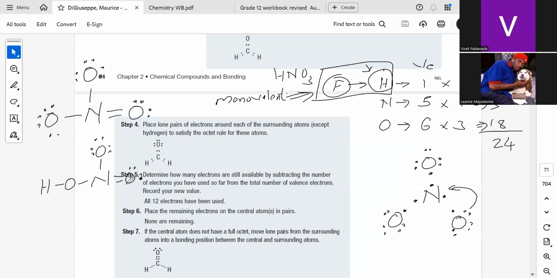Okay. So carbon's in the middle and then it forms double bonds with oxygen.